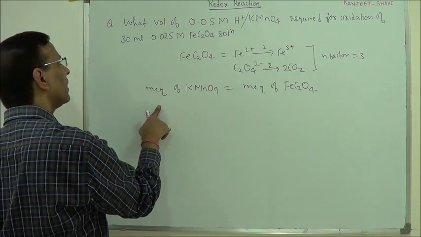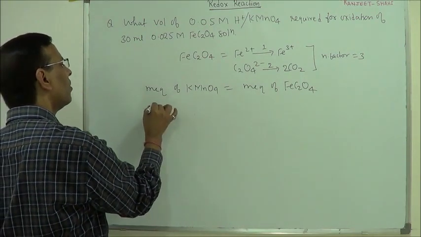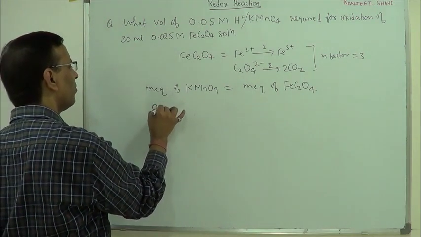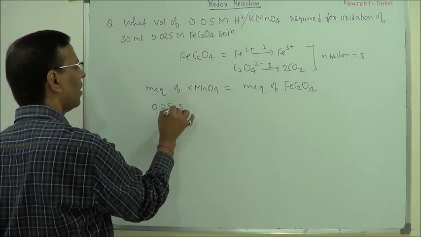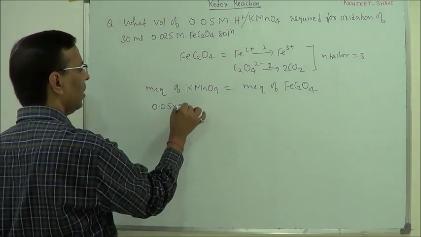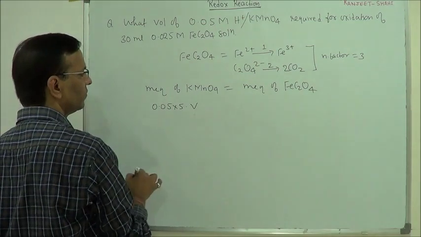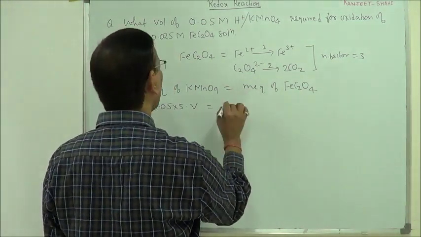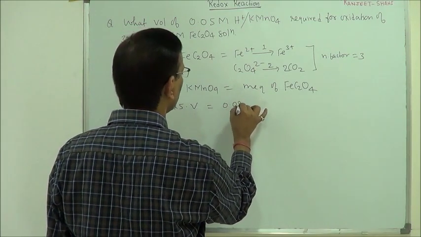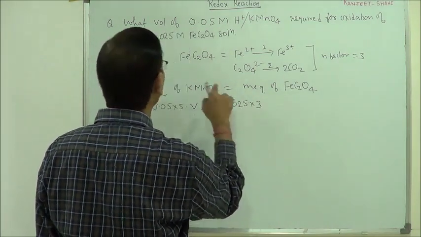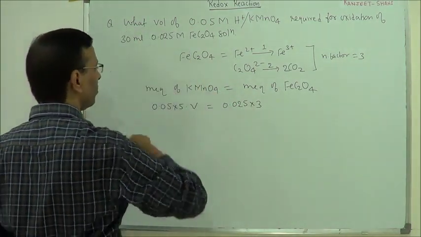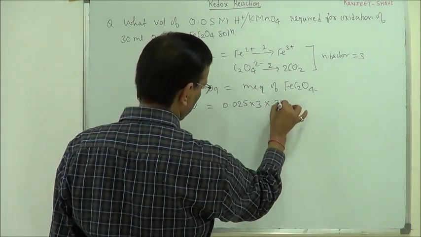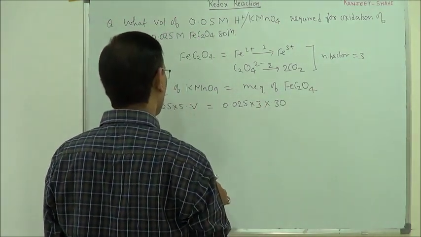Milliequivalent of potassium permanganate will be equal to normality 0.05 into 5, into volume, which is equal to milliequivalent of ferrous oxalate, normality 0.025 into 3, into volume 30.